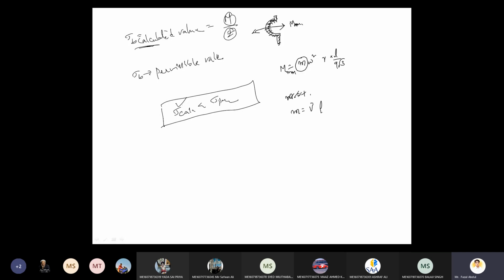So what is the volume here? Area into length. So area here 11 t square. This 11 t square already we calculated at the beginning. 11 t square into L we don't know, and the density question itself given density value, that is 8,000.